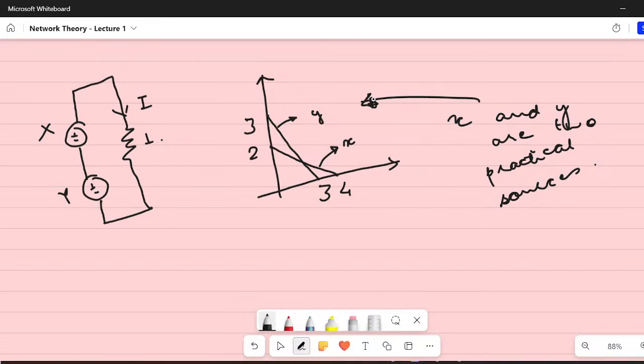We need to determine the current I in the 1 ohm resistor. So this is what is asked in the question. What is I in this resistance, right?